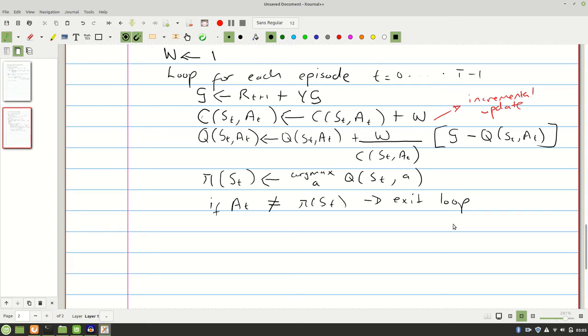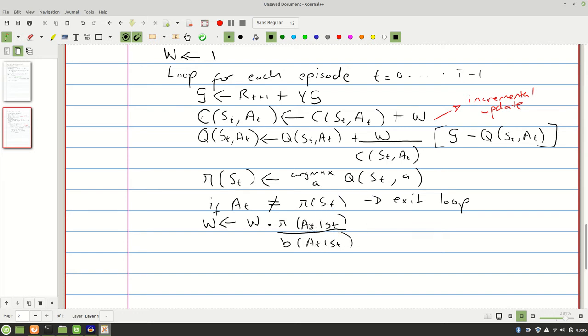Well, the condition is actually based on the next thing we're going to write, and that's our update for W. We say W is equal to the old W multiplied by pi of AT given ST over B of AT given ST. So this is just how we update based on the importance sampling ratio that we defined in the previous lectures.